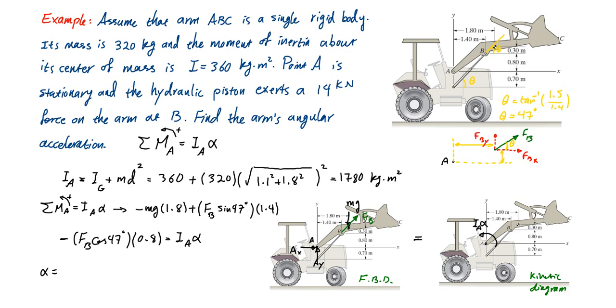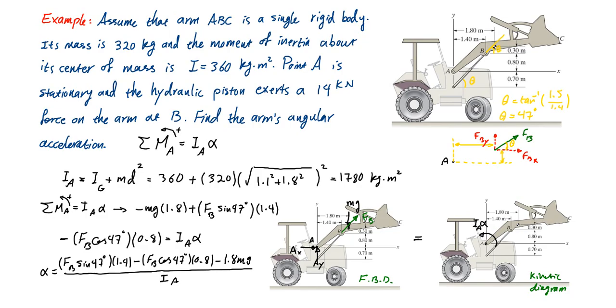Alpha would be FB sine 47 degrees times 1.4 minus FB cosine 47 degrees times 0.8 minus 1.8 mg, the whole thing divided by IA.